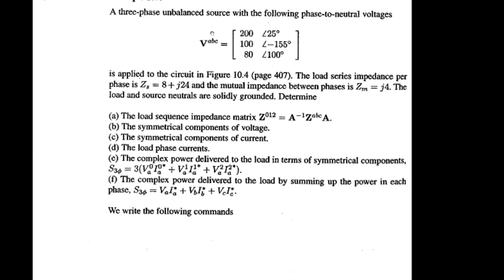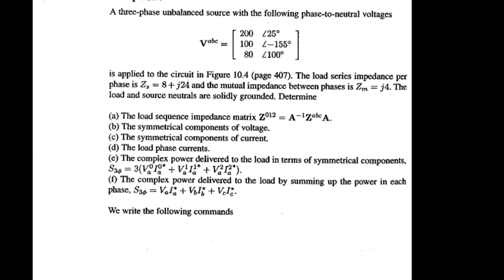So if they are VABC, why it is unbalanced or what is the reason it is unbalanced? Can anyone else share why VABC is unbalanced?